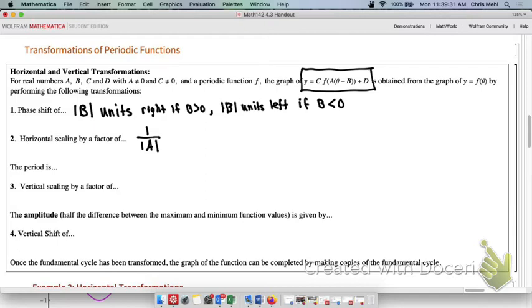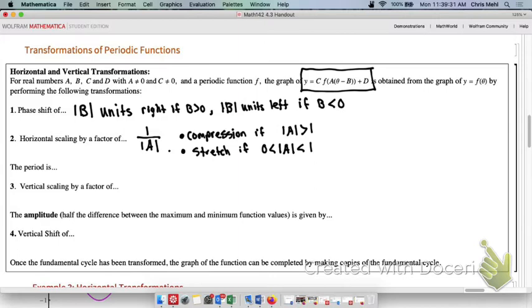So there's a horizontal scaling by a factor of 1 over A, and it's going to be a compression if the absolute value of A is bigger than 1, and it's going to be a stretch. So you're going to have a horizontal stretch if the absolute value of A is between 0 and 1.